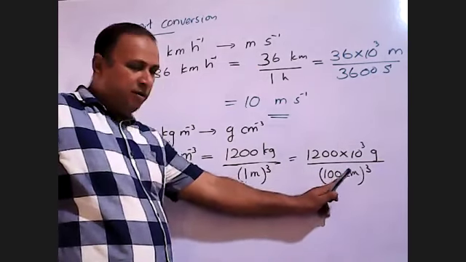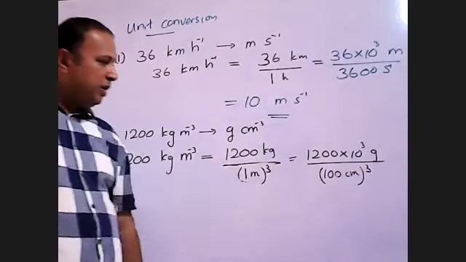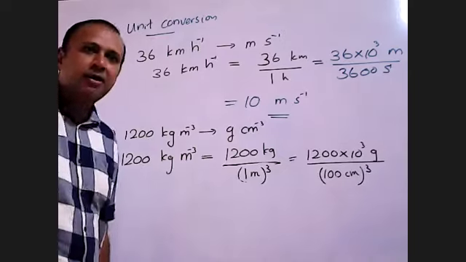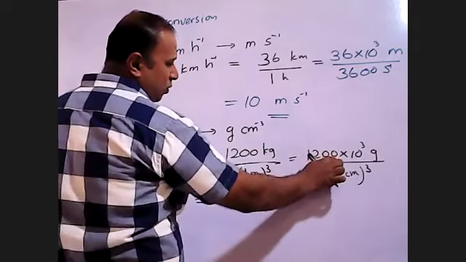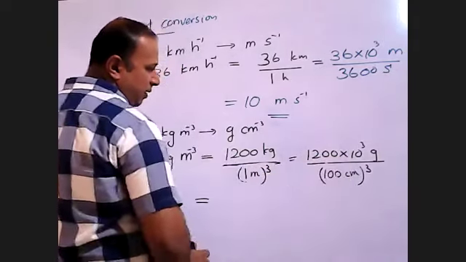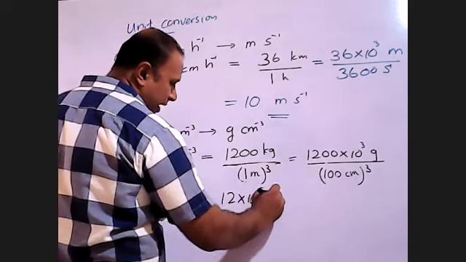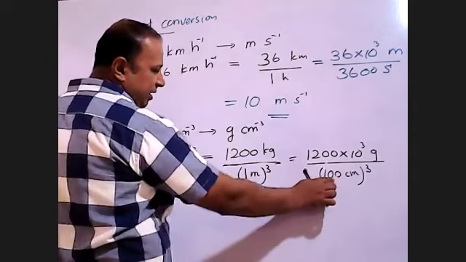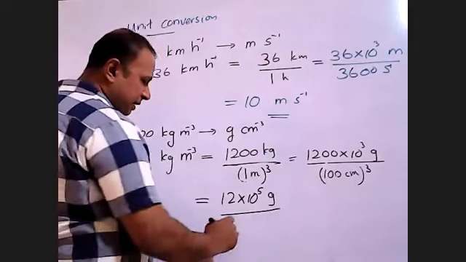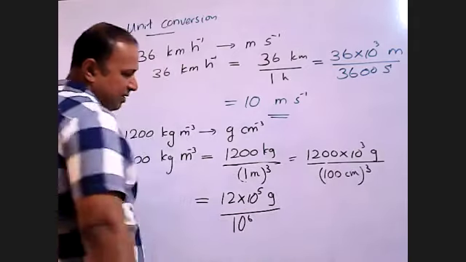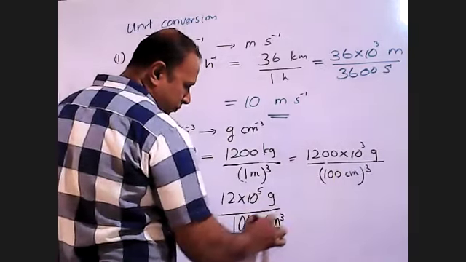Here comes 10 to the power 2. 10 to the power 2 into 3 means 10 to the power 6 cm. So here what comes is 1.2 into 10 to the power 5 gram over 10 to the power 2 into 3, that is 10 to the power 6 centimeter cube.